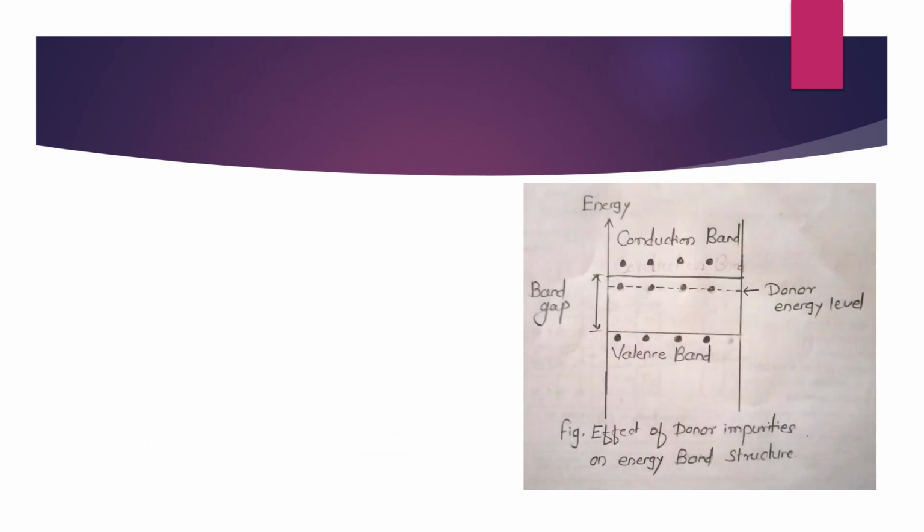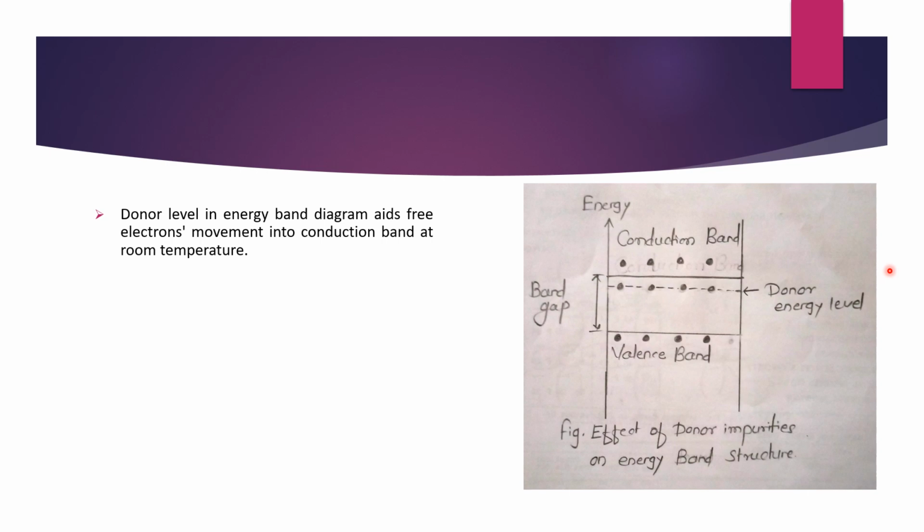Now, if the structure remains electrically neutral, we'll see what happens in the energy level. Donor level in the energy band diagram, its free electrons move into the conduction band at room temperature. See the donor level, as you can see here, the dotted one. This is the energy band diagram that we have already studied, where this band is the valence band, this band is the conduction band, and the middle band is the band gap.